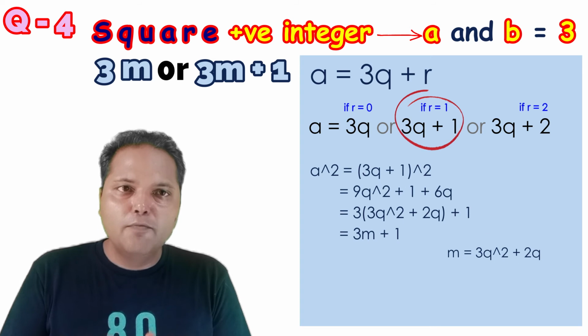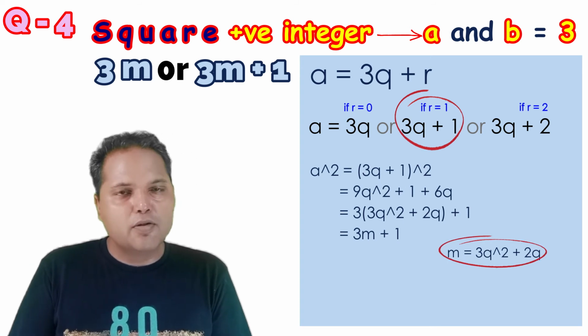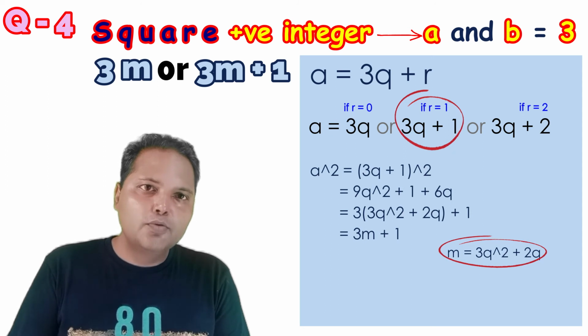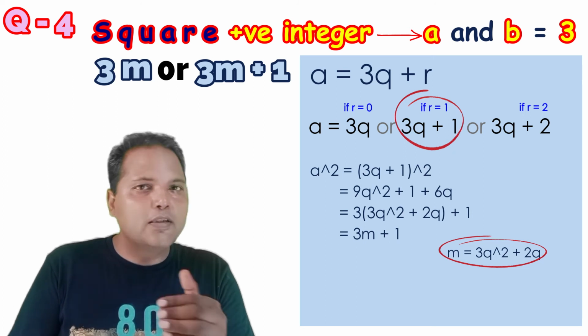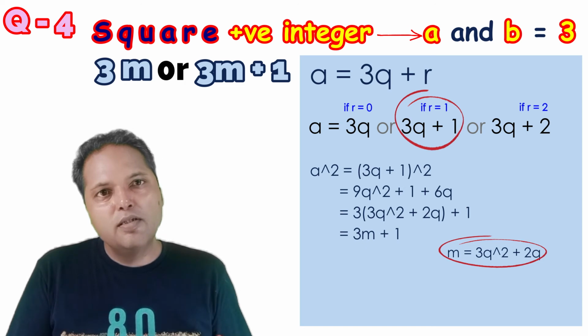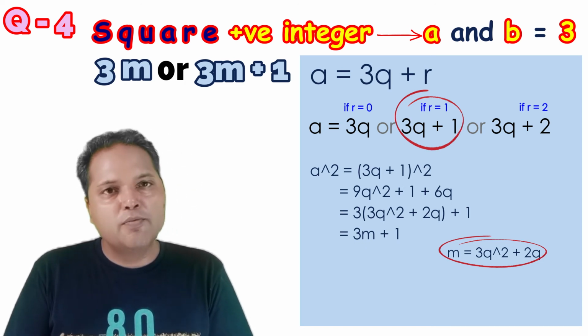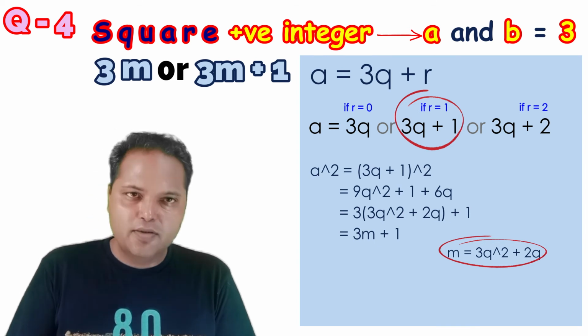Now here m will always be an integer because q is also an integer, and the rest of the numbers like 3, 2 वो सब भी इंटीजर्स हैं, और जब इनका एडिशन और मल्टीप्लिकेशन होगा तो हमें रिजल्ट भी एक इंटीजर मिलेगा. So that's why we can say that a square is equal to 3m plus 1, where m is some integer.